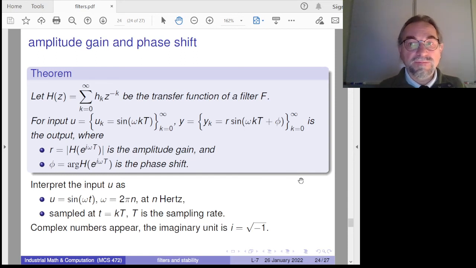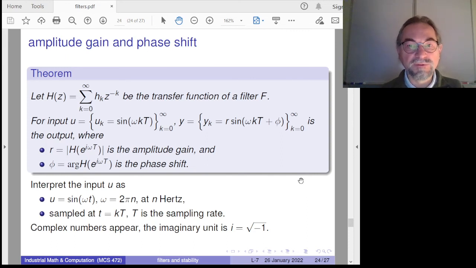If we do have a stable filter, what is the output? We think of our signals as periodic. So the input comes from a sine function sampled at a specific rate.